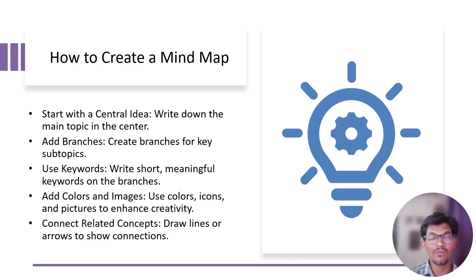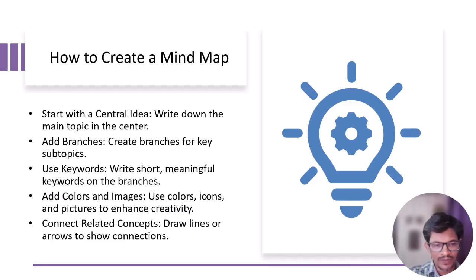The main goal of this whole concept of mind map is to divide a big topic into smaller subtopics and then present it in a creative manner. So this is what a mind map is.